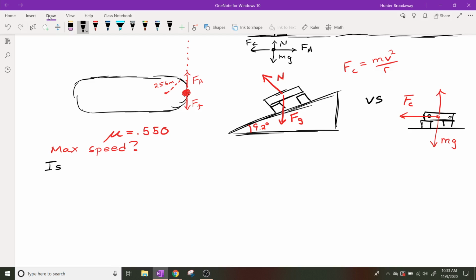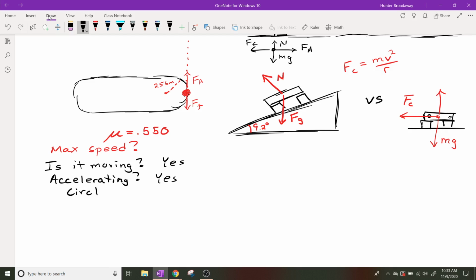So the question I'm going to ask you guys is, is it moving? Yes. Okay. Accelerating? Yeah, it is. So yes, but it's in a circle, right?